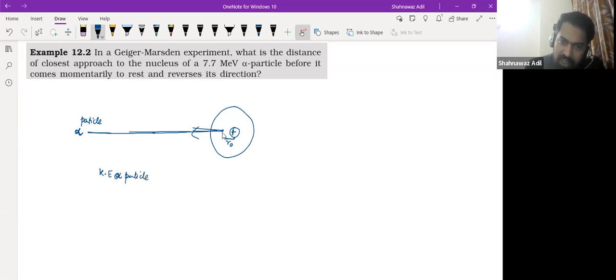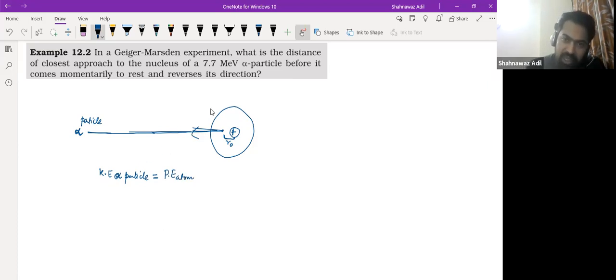It becomes zero, and all of the kinetic energy is stored in the form of potential energy. This becomes the potential energy of this atom.